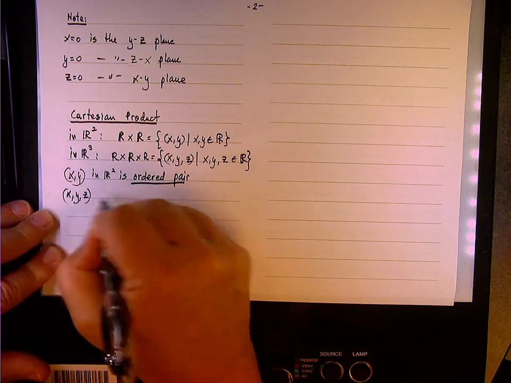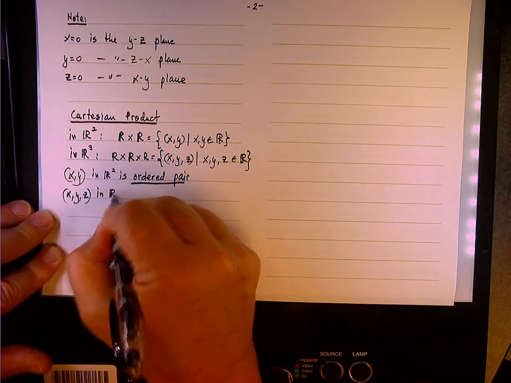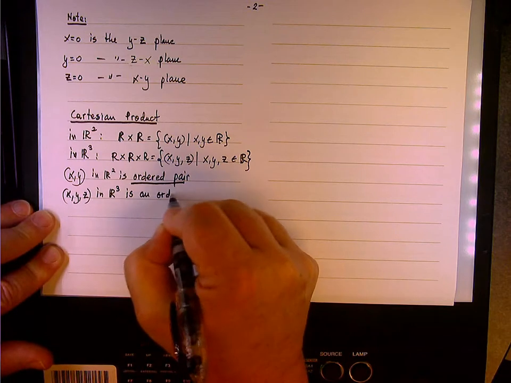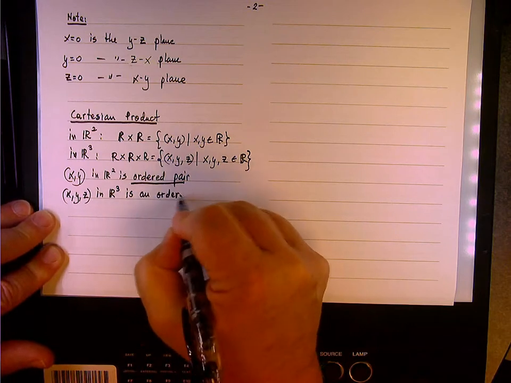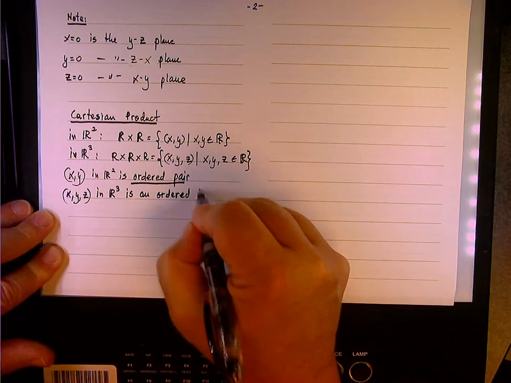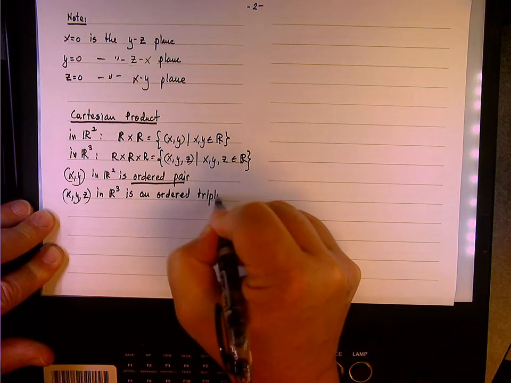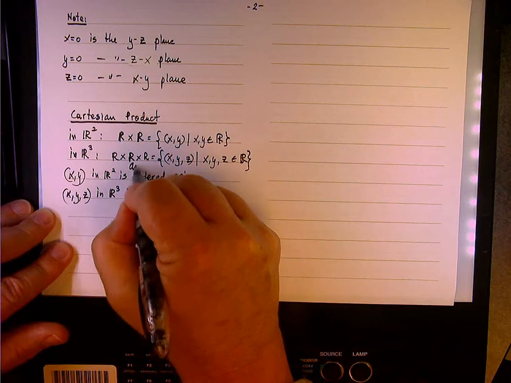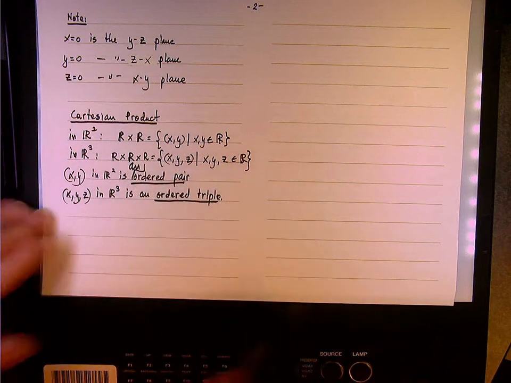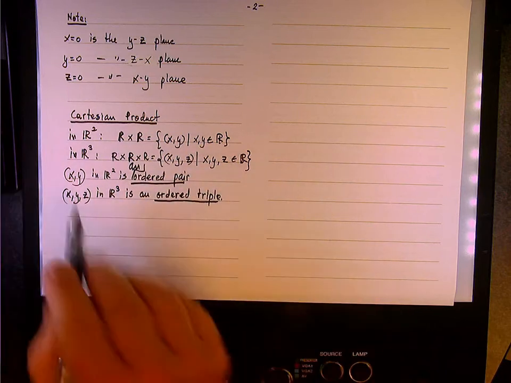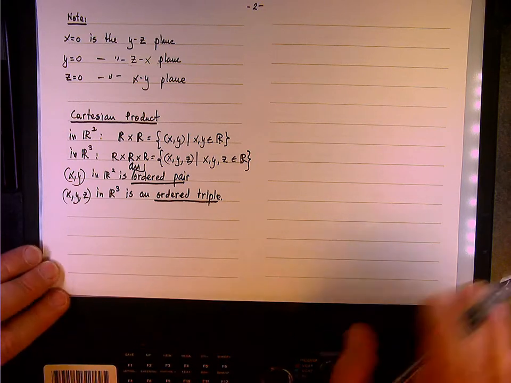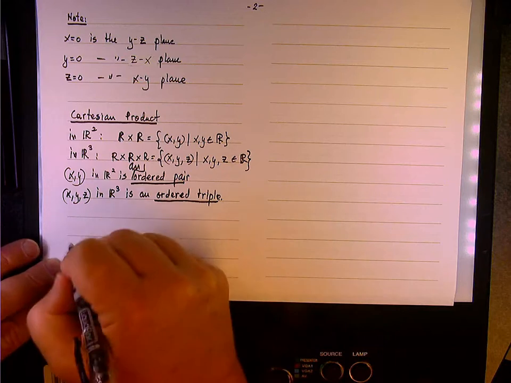But a point x, y, z in R3, likewise, will be an ordered triple. So we do have this term, and here I forgot the word and. So xy is an ordered pair. XYZ is an ordered triple.